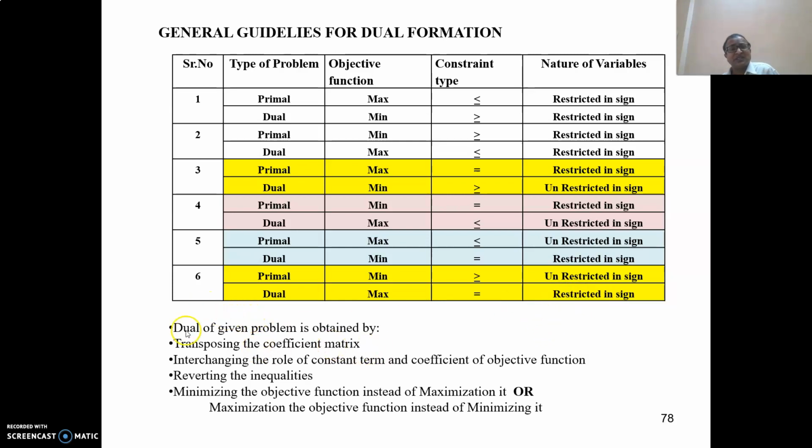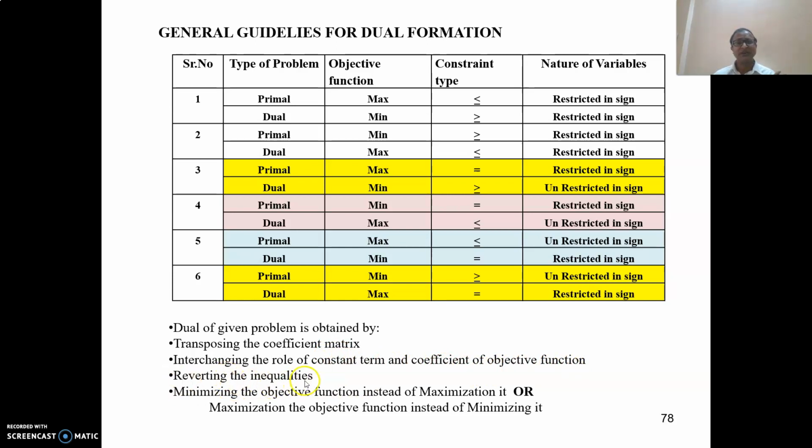Now these are some important points. The dual of any primal problem is obtained by transposing the coefficient matrix, which means the rows of the primal coefficients become columns in the dual, and vice versa. Interchange the roles of the constant terms and the coefficients of the objective function.